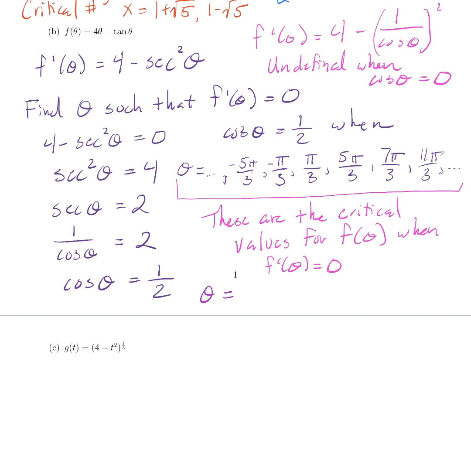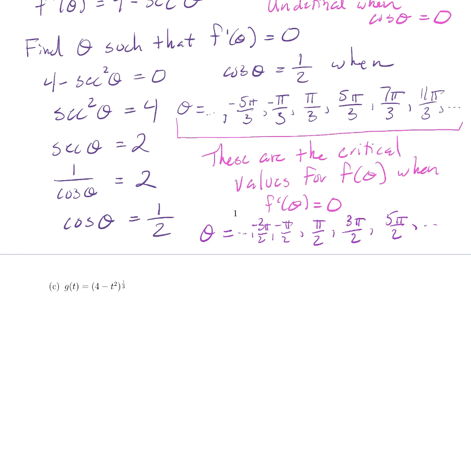So theta is, let's see, cosine is 0 first at pi over 2, then again at 3 pi over 2, 5 pi over 2, etc. It's 0 at negative pi over 2, negative 3 pi over 2, etc. So those are the critical values we get from when f prime is undefined.